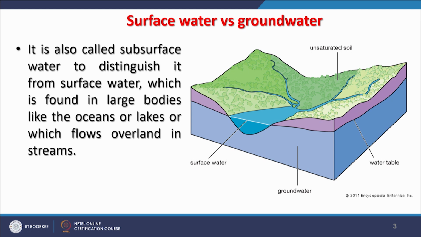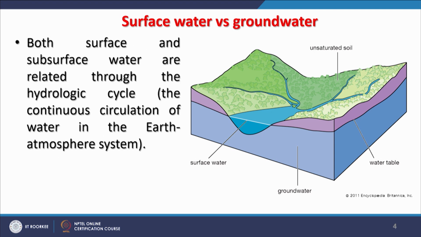That is why in some countries subsurface water is used. This distinguishes it easily from surface water, which is found in large bodies like oceans and lakes, and which flows over land in streams. So again, surface water and groundwater are there.